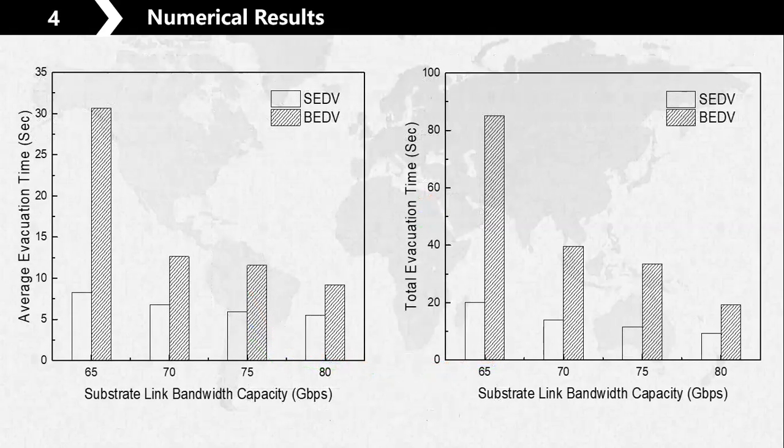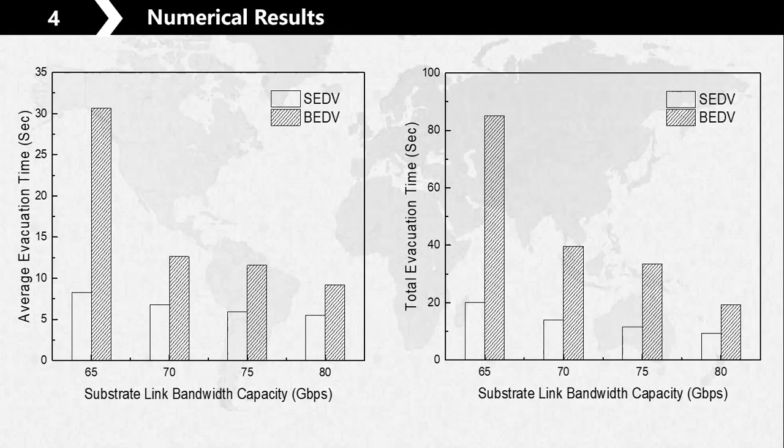Here we also compare our performance of average evacuation time and total evacuation time with BEDV. So we can say ACDV distinctly outperforms BEDV, particularly under low substrate link capacity, because ACDV first guarantees an acceptable migration time for each virtual machine by a basic migration bandwidth.